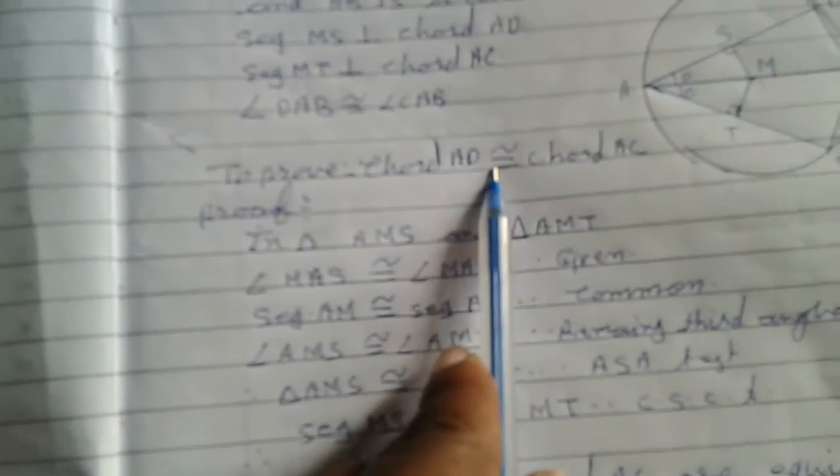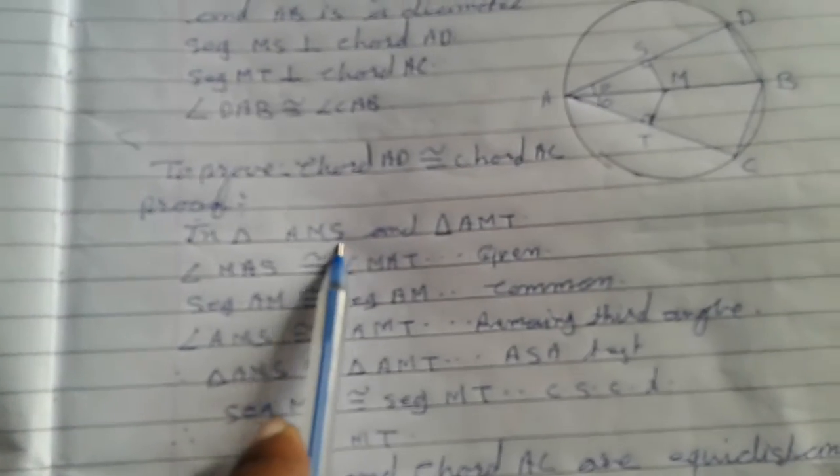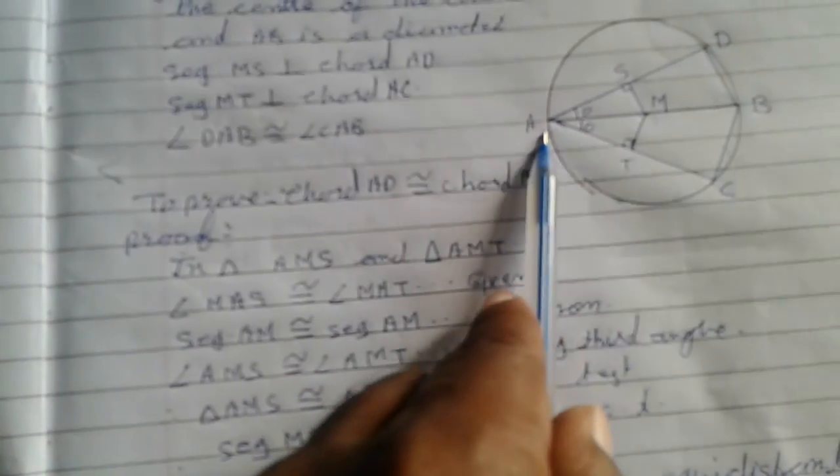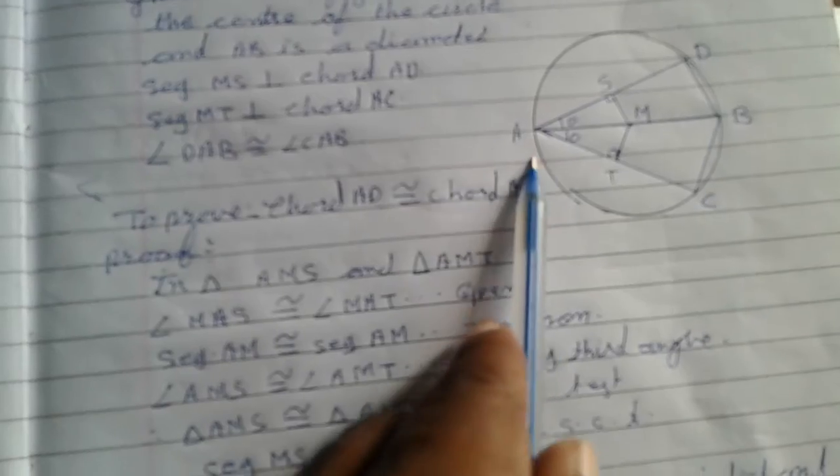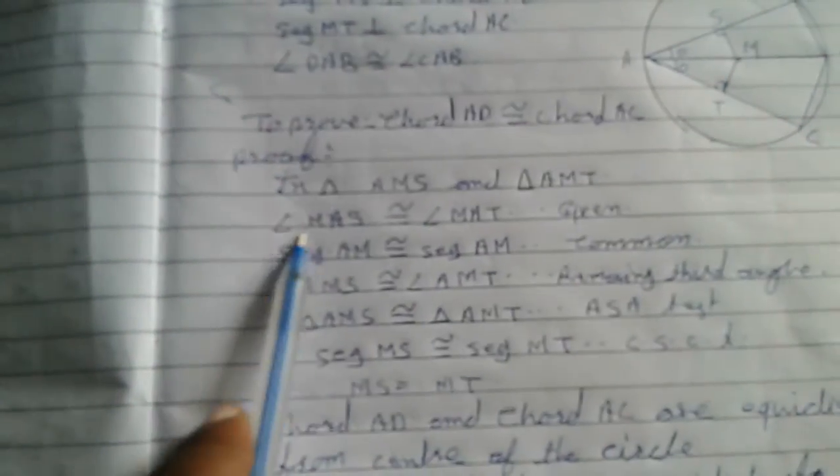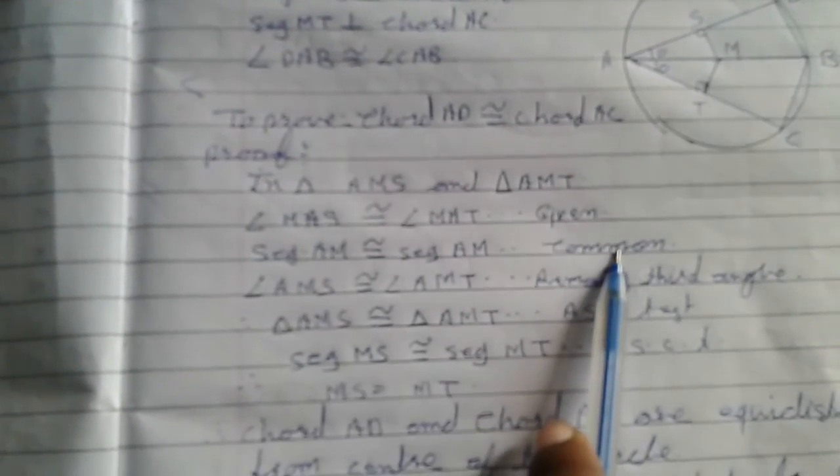See here. To prove, we have to prove chord AD congruent to chord AC. Now in triangle AMS and triangle AMT, angle MAS is congruent to angle MAT. It is given. Segment AM is congruent to segment AM, common segment.